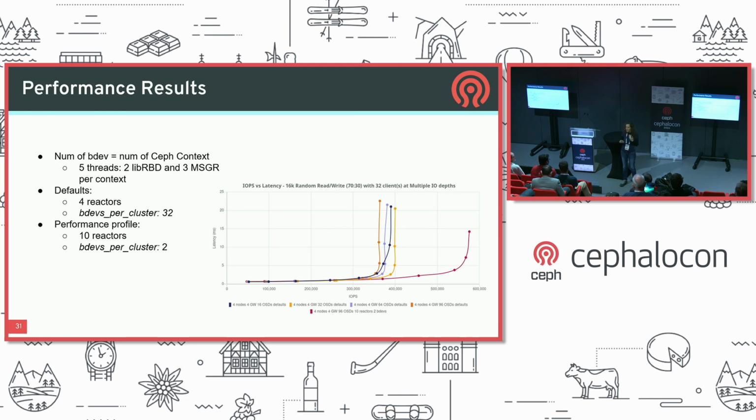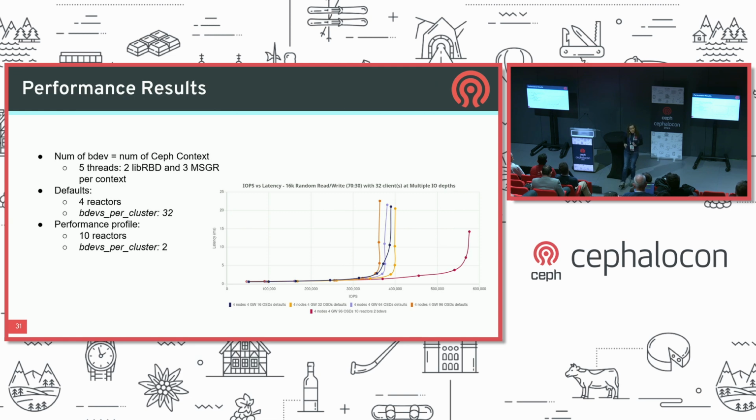Our default is allocating 1 Ceph context per 32 namespaces or BDEVs. Here we looked at what will happen with our default compared to doing 2 BDEVs. This is the parameter called BDEV per cluster, which means for every 2 namespaces we'll have a Ceph context.